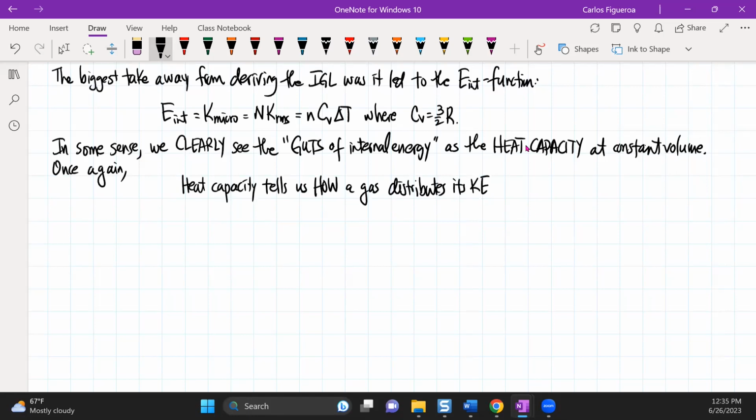Remember, ideal gases don't have potential energies. So we have no right up to now to not talk about potential energies.